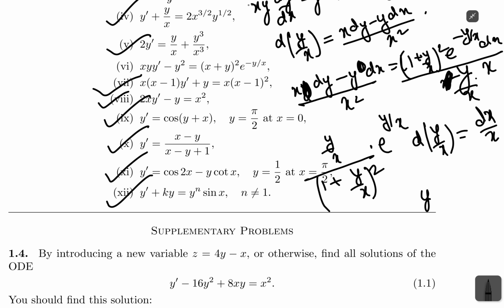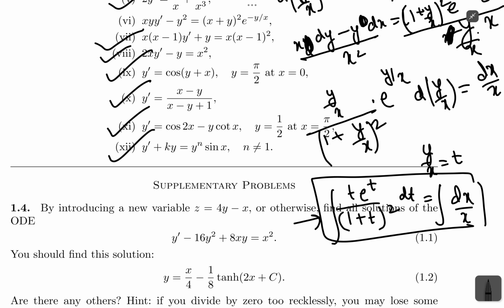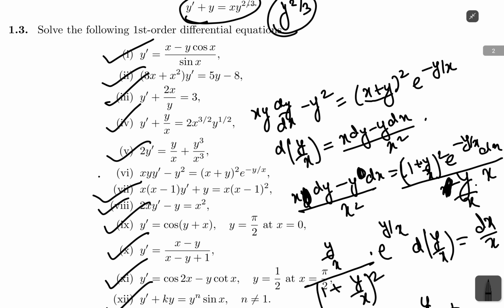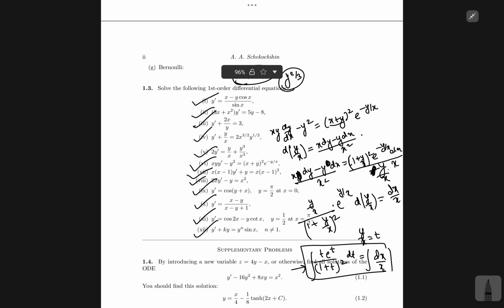So basically, if you put y by x is equal to t, you would have t e power t by 1 plus t squared dt is dx by x. So you have to solve a very different integral. If you have problem solving this integral, you may ask me, but yeah, that's what you have to solve, right?